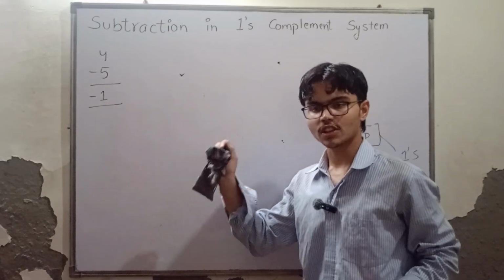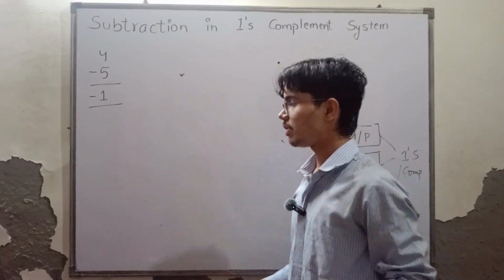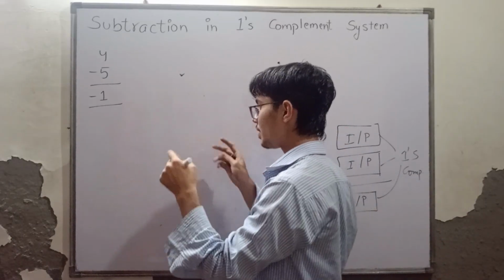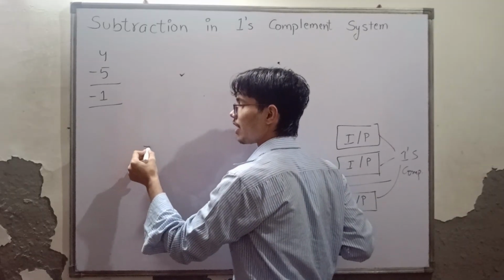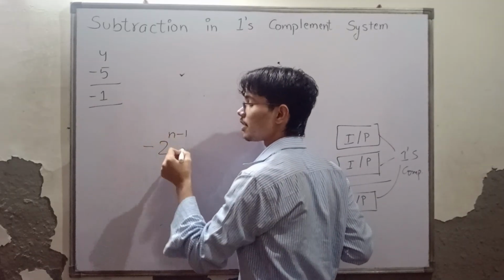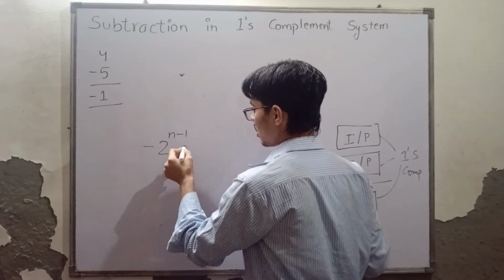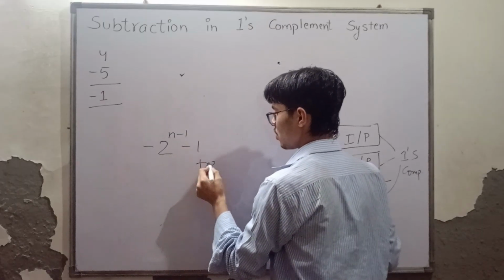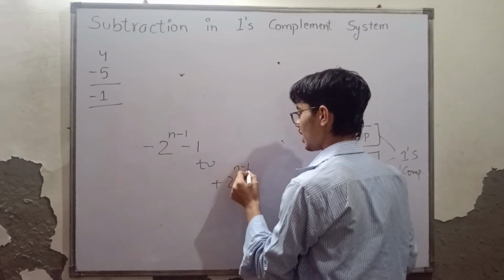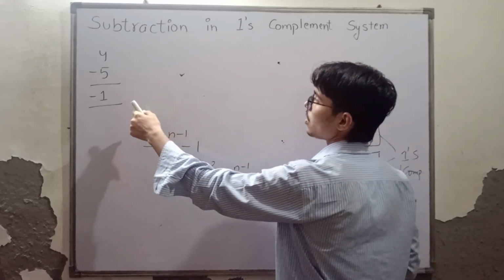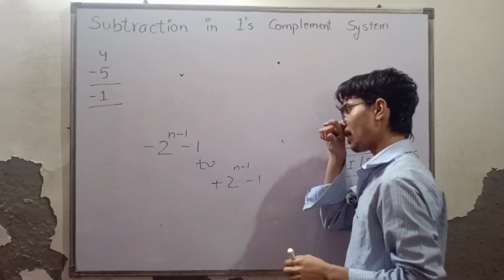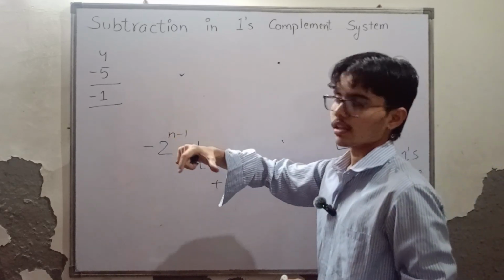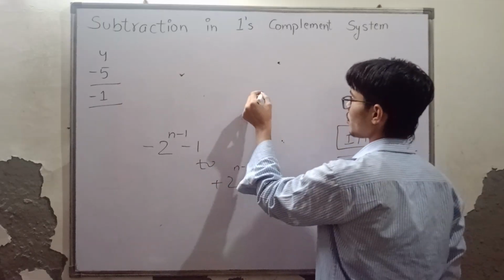But before solving any question, please find the range first. I have already made a video on how to find the range intuitively. I'll write the formula directly here, but you have to know how this formula came: minus (2 power n minus 1) to plus (2 power n minus 1).